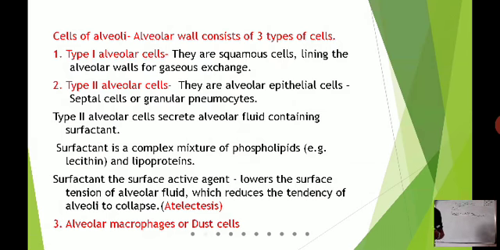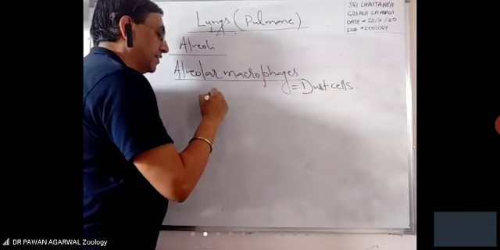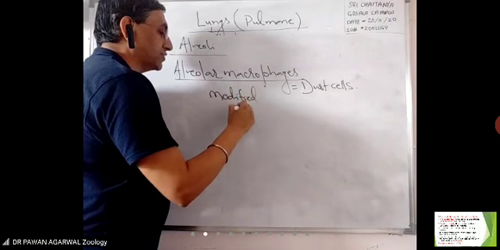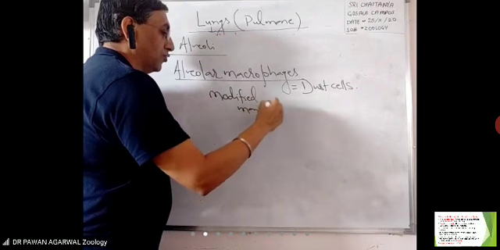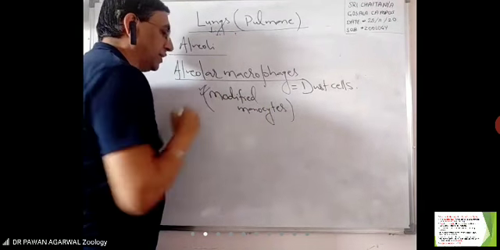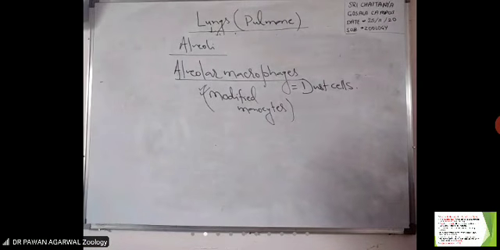Macro means big, phagous means eater. They are the big eaters. Alveolar macrophages are dust cells, and they are modified monocytes.